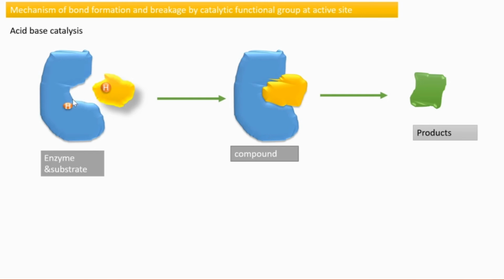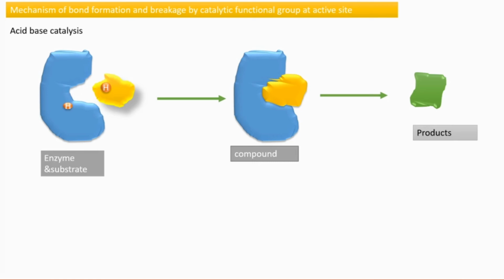Suppose this is the active site of the enzyme. As we know, the active site contains some specific amino acids. Each amino acid has some functional group. That functional group acts as a proton donor, or sometimes as a proton acceptor, based upon whether they are acids or bases.